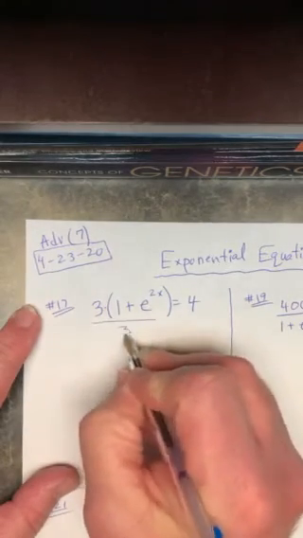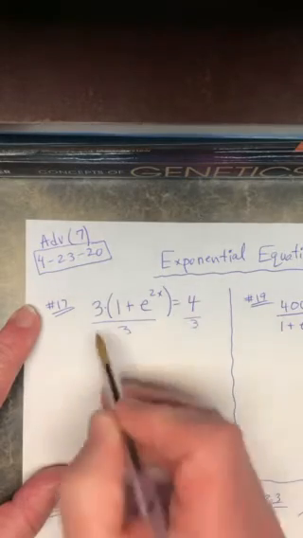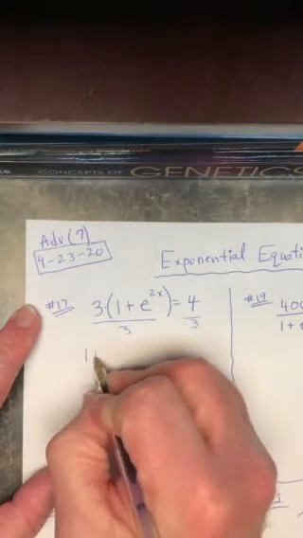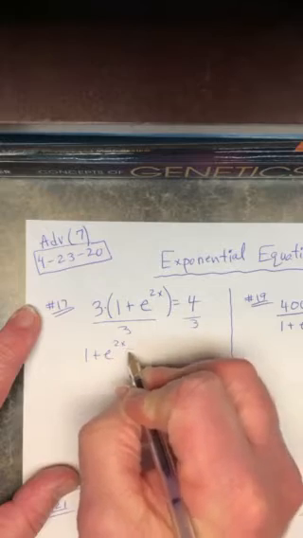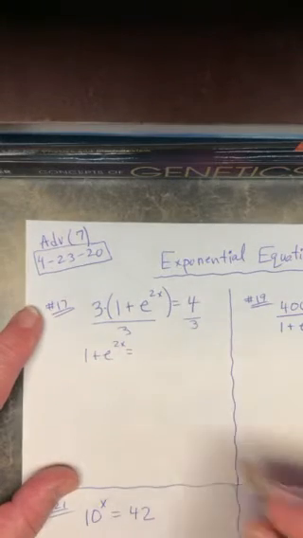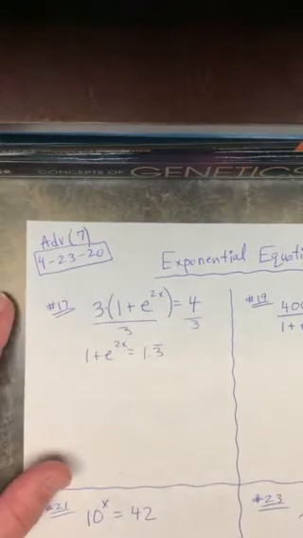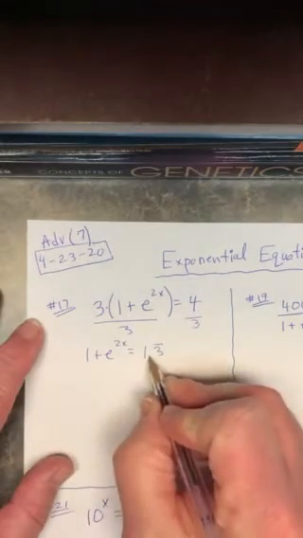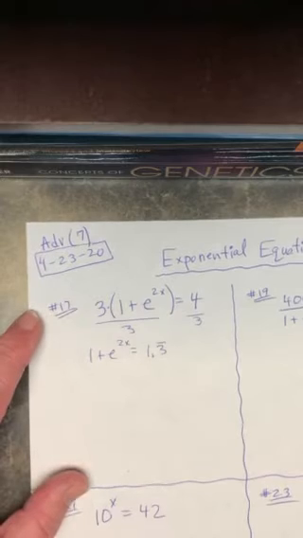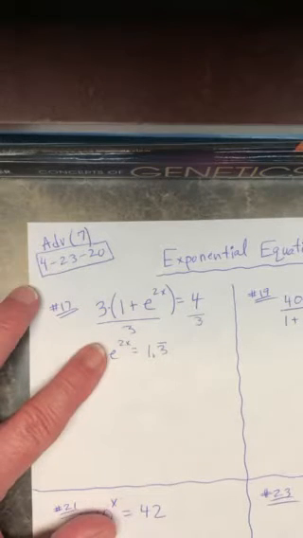Why not divide both sides by 3? Those 3's would cancel. I'd have 1 plus e to the 2x equals, obviously, 4/3 is what? 1.33333, right? So I'm just going to put 1.3 with a bar over it as a repeating decimal. Again, our goal is to get e to the 2x by itself.